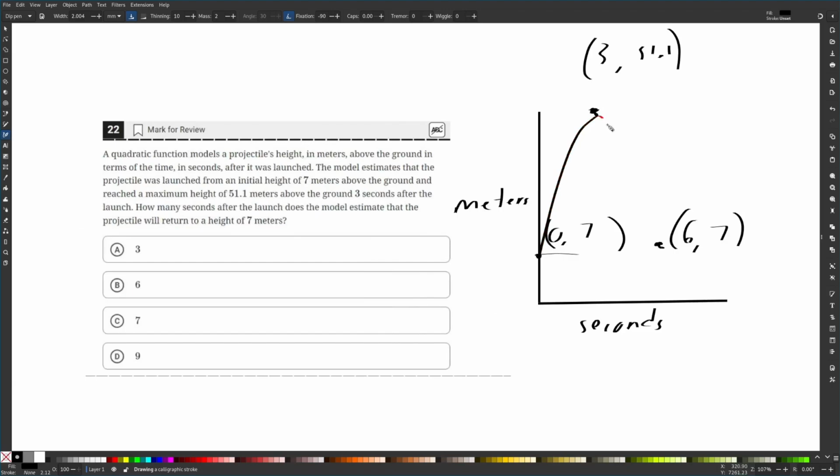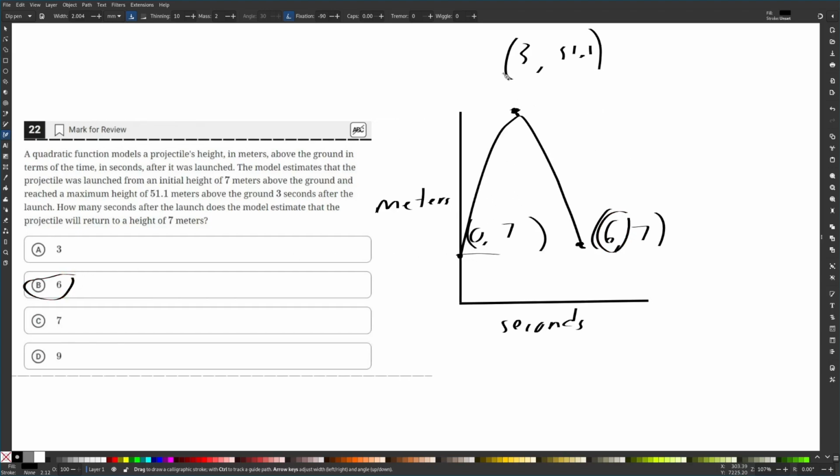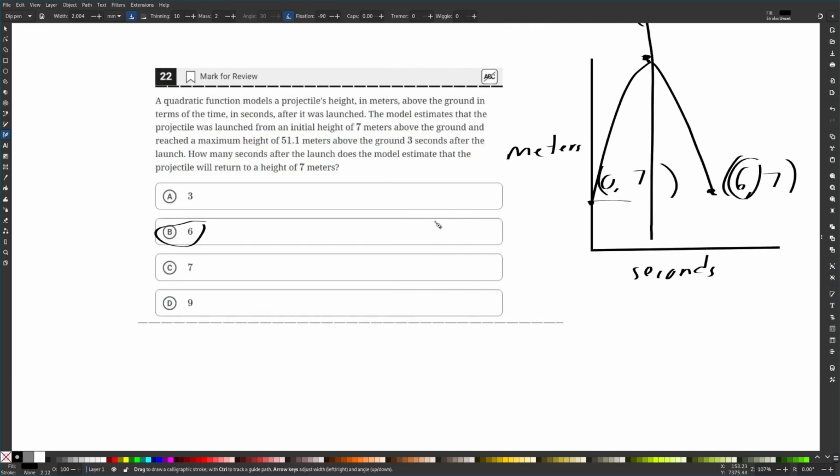And I'm drawing it out. This makes sense. So to get to 7 meters, we need to have gone 6 seconds. Okay, and just to recap, we use the symmetry of the parabola. In 3 seconds, we reach the maximum height. In another 3 seconds, we're going to end up back where we started. So the answer to this one is 6.